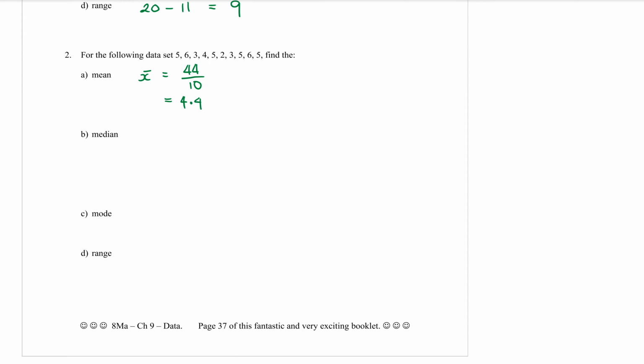The smallest number is a 2. Then 2 3s, a 4, 4 5s, and then 2 6s. Make sure you don't miss any numbers. 1, 2, 3, 4, 5, 6, 7, 8, 9, 10. Yep, still got all 10 of them.